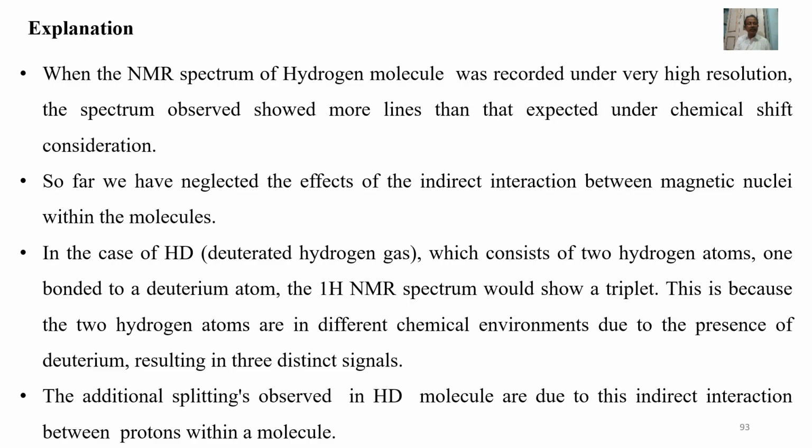In the case of the HD molecule, that is deuterated hydrogen gas, which consists of two hydrogen atoms, one bonded to a deuterium atom and another one is a proton, the spectrum would show a triplet. This is because the two hydrogen atoms are in different chemical environments due to the presence of deuterium, resulting in three distinct signals. The additional splittings observed in the HD molecule are due to this indirect interaction between protons within the molecule.